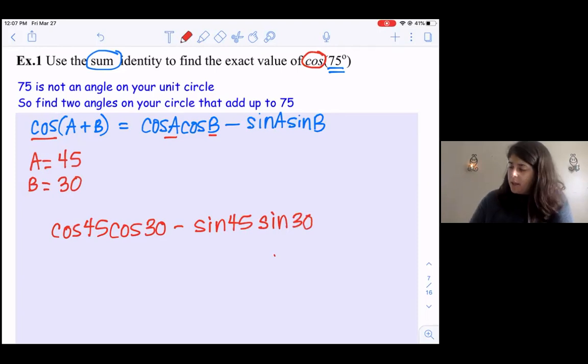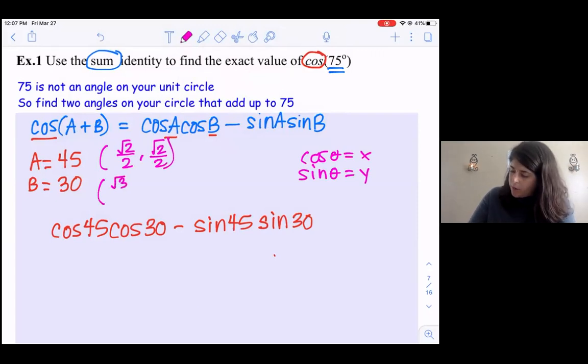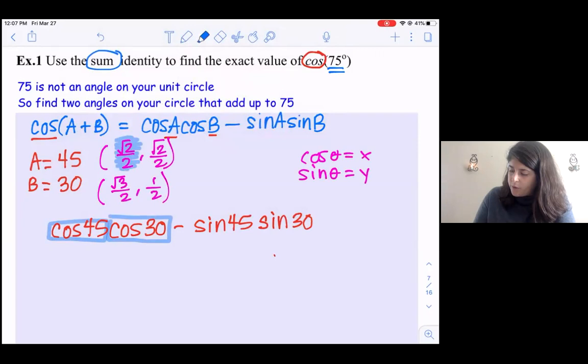Okay, so remember that the cosine of an angle is the x coordinate and the sine of an angle is the y coordinate. The coordinate at 45 degrees is square root of 2 over 2, comma square root of 2 over 2. And at 30 degrees, it is square root of 3 over 2, comma 1/2. So the cosine at 45 and the cosine at 30 are square root of 2 over 2 and square root of 3 over 2.